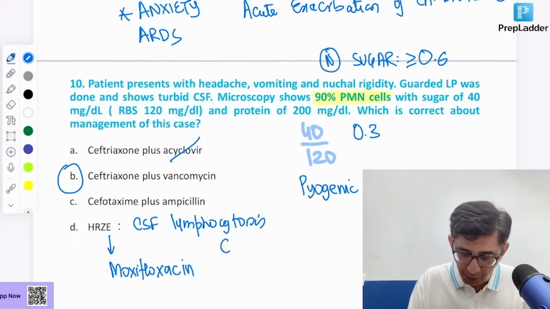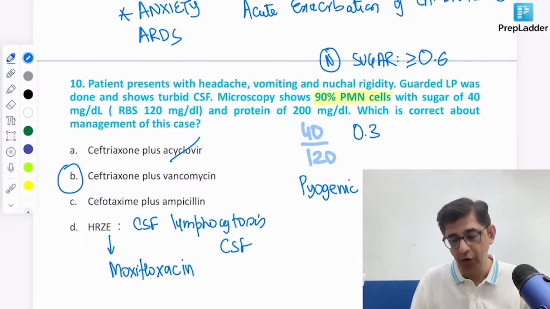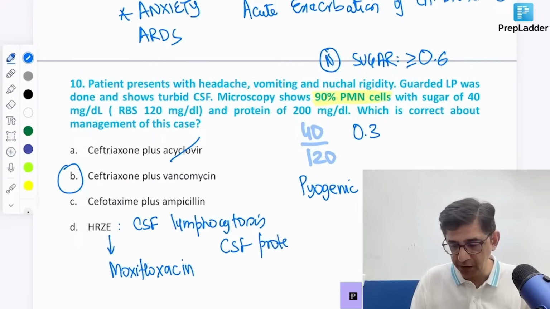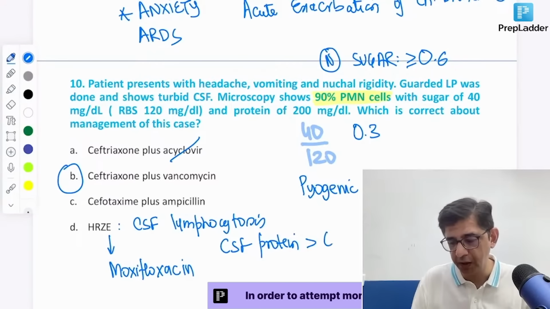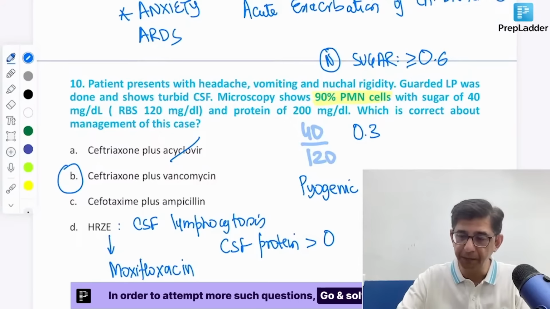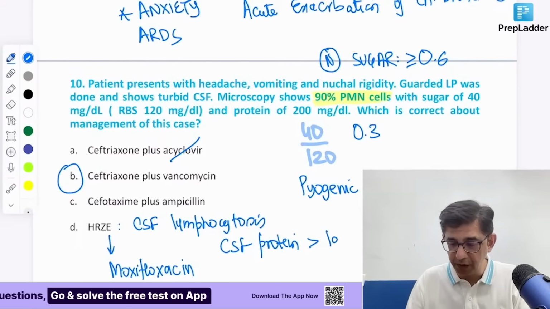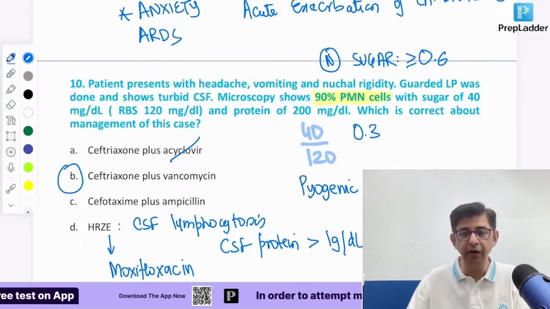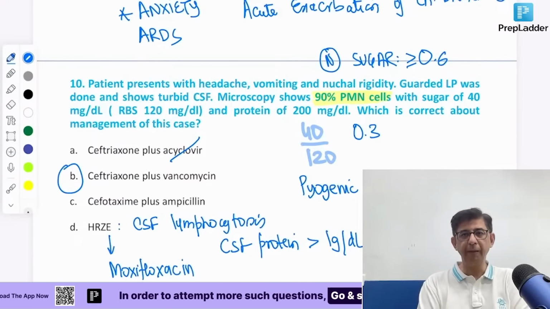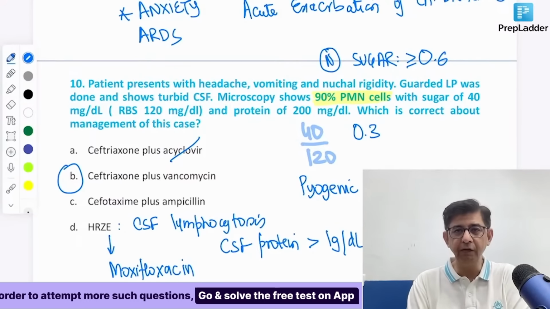In fact, more important is the value of the protein. If the CSF protein of the patient is more than 1 gram, then we are talking about super elevated protein.